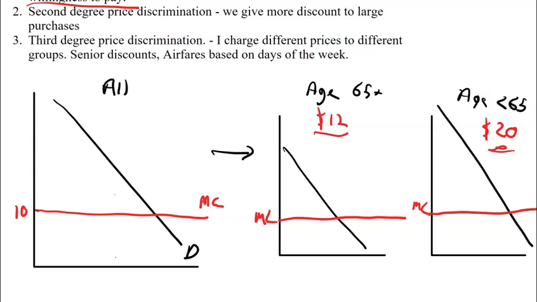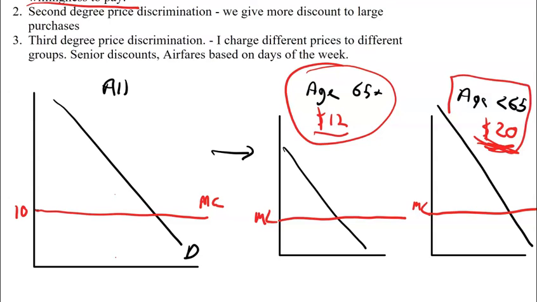So if I charge a lower price for them, and I probably check their ID to see if they're over 65, then I get this market, which did not exist before if the price were at $20. And people who are less than 65 years old really may want to watch the movie, so they're willing to pay a higher price. They pay $20 for that ticket, and I get to sell them at that price.